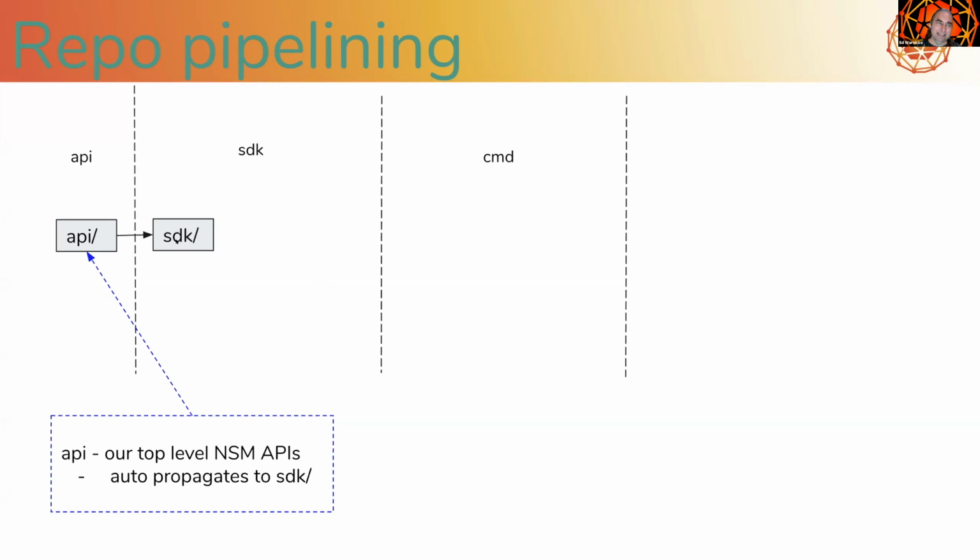For example, the SDK depends in a Go module sense on the API. So every time a change comes into the API, it will automatically push a PR to the SDK that will update the dependency version to point to the new version of the API. If that passes CI, it will be auto-merged into the SDK.